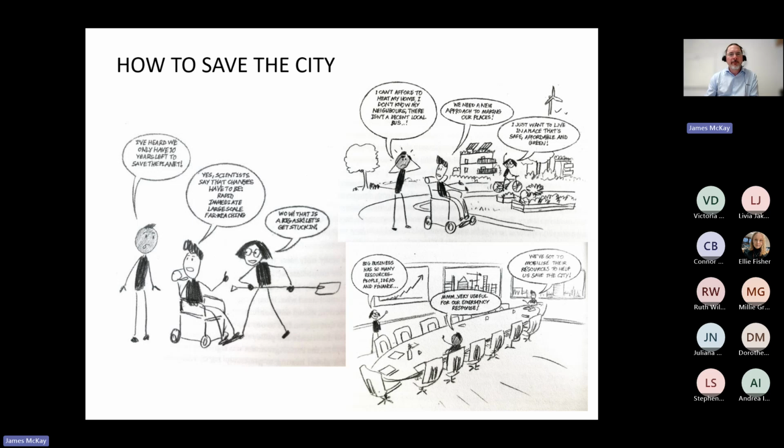So as I worked on this project, the artwork became simpler and simpler until it was just stick figures talking to each other. And that was really effective for what we were trying to convey in the project. And so it's definitely a point to make that you don't have to do amazing artwork to be able to communicate well.